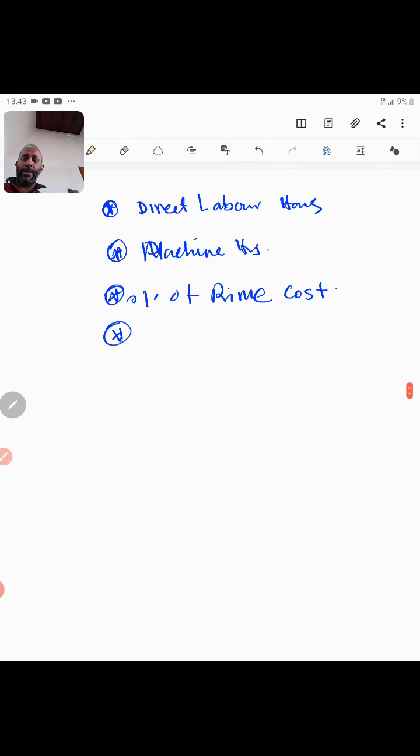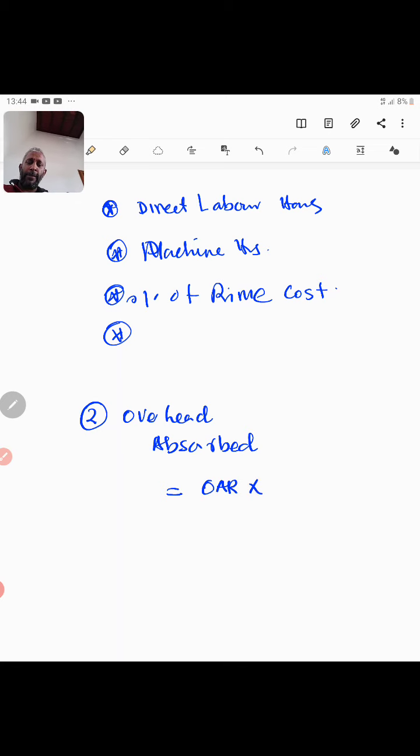Once we calculate the overhead absorption rate, then we have to calculate something called overhead absorbed. How we calculate overhead absorbed is we take the overhead absorption rate, which we multiply by the actual activity.